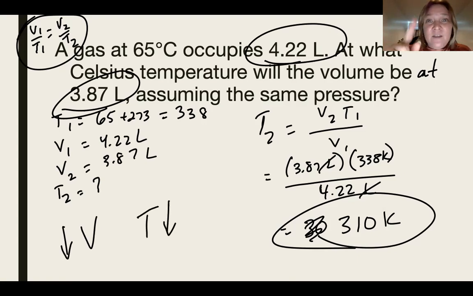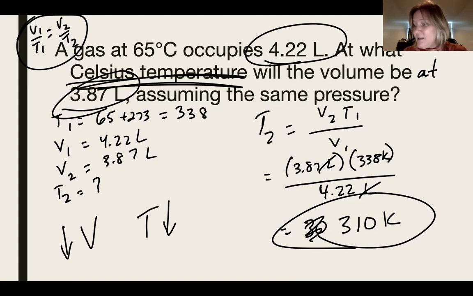Let me finish this question by actually answering it, because it asks for the Celsius temperature. I guess you can't see my calculator because I'm only sharing my Keynote screen.